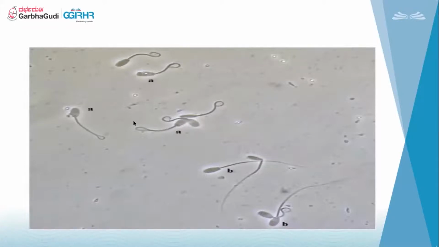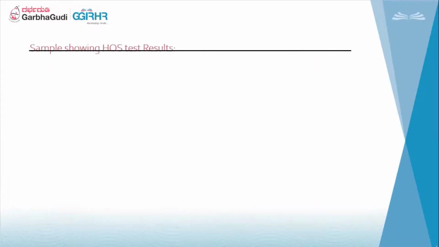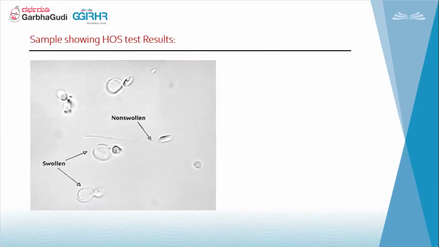Okay. In all the A marked ones, swelling is there. Even here you can see swelling has taken place, right? So they all are viable sperms. Again, in this other picture, there are swollen tails and this one is non-swollen, which is straight.